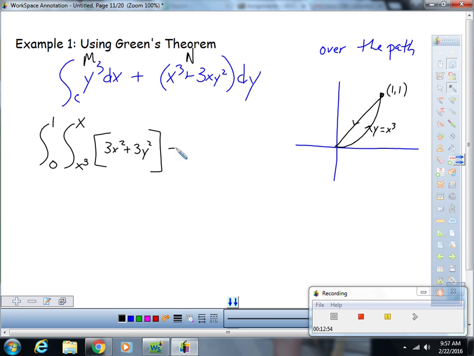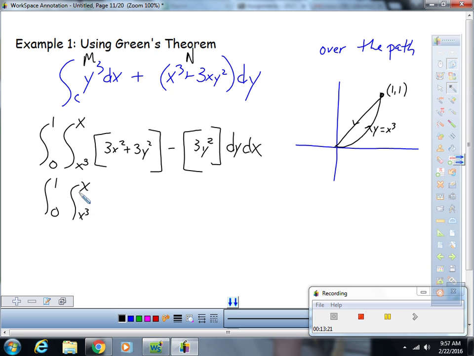Am I doing this right? Yep. Okay. Minus what? Well, dm dy, minus 3y squared. And then I got to get this right, dy dx. That's going to be very important because I got to integrate with respect to the right thing first. So you get this.